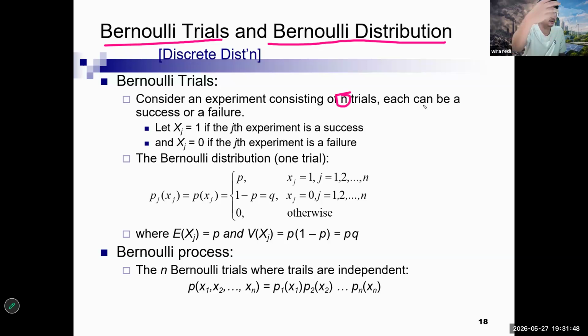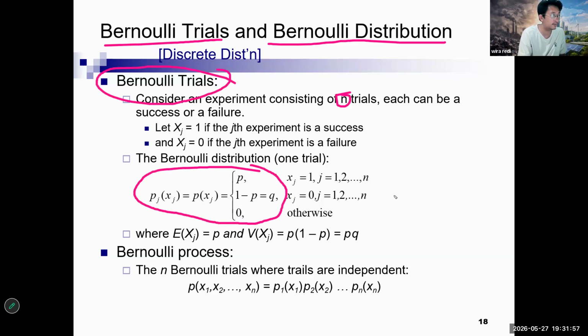To simulate that situation, you can use the Bernoulli trials distribution, where this is the general form of it.